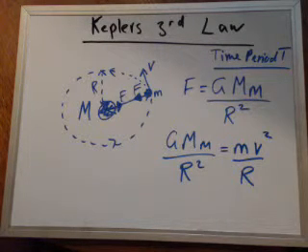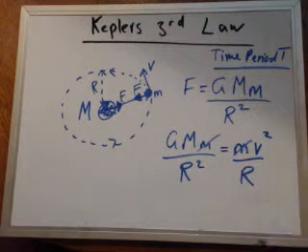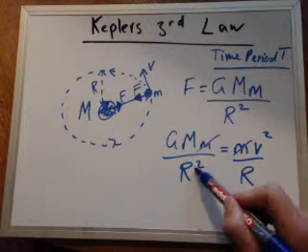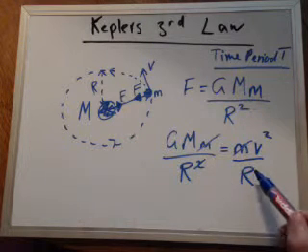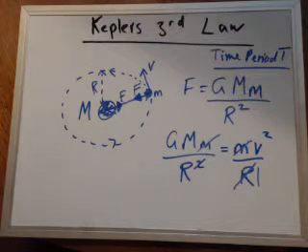At this stage we can cancel out the masses, so the mass of the satellite has got nothing to do with it, and we can get rid of an r, which gives us GM over r equals v squared. But we want T in our equation.